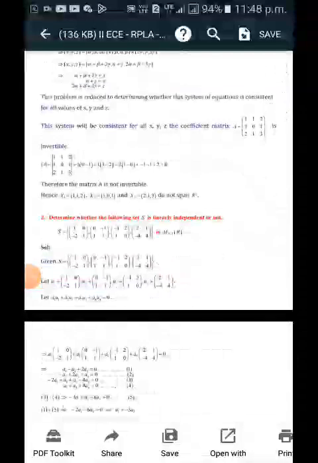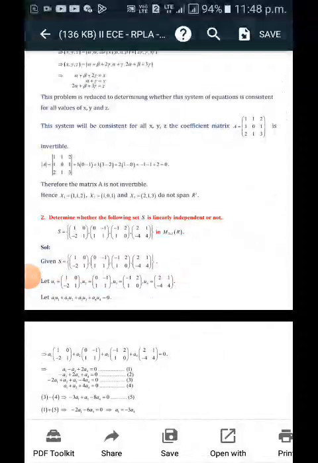So next problem, determine whether the following set S is linearly independent or not. Given set S is the collection of 2 cross 2 matrices. There are 4 matrices: [1 0; -2 1], [0 -1; 1 1], [-1 2; 1 0], [2 1; -1 4].